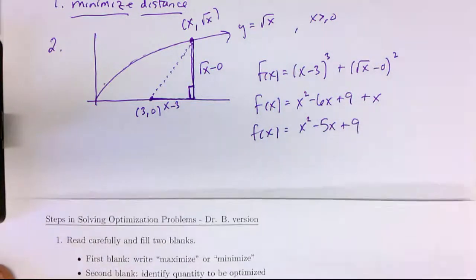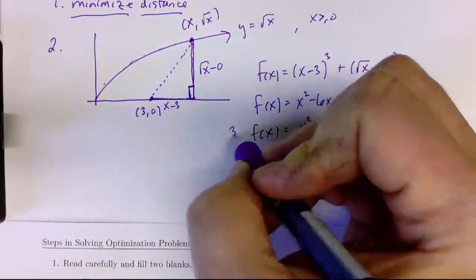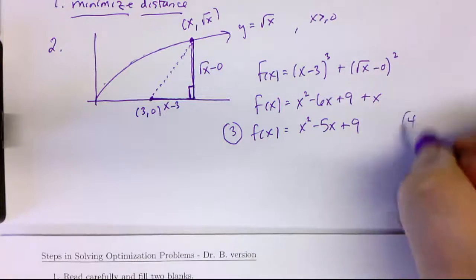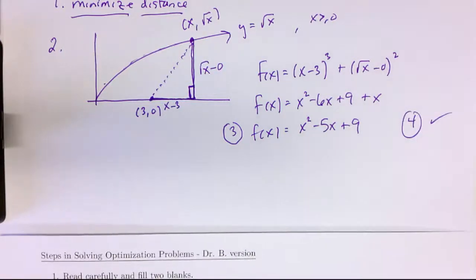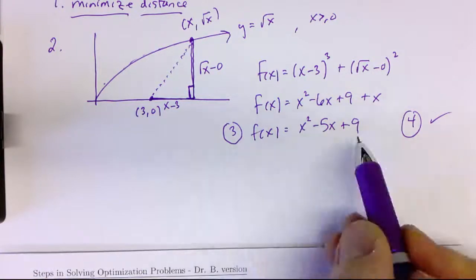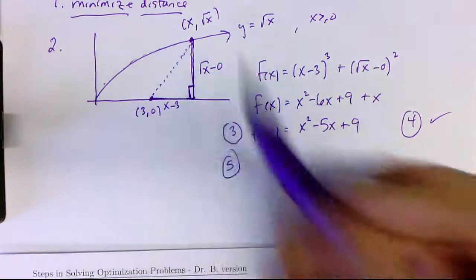And there's our function to be optimized. So that's step 3. In step 4, we're supposed to eliminate a variable, but we only have one variable at this point, so we're all set there. Step 5, we're going to determine the appropriate domain of this function. Well, as long as x is greater than or equal to 0, then this makes sense.